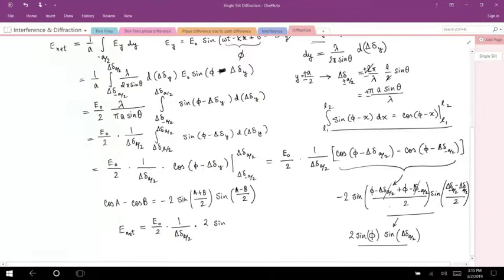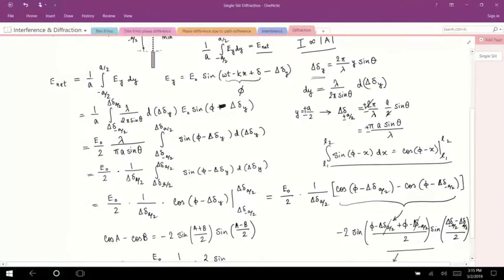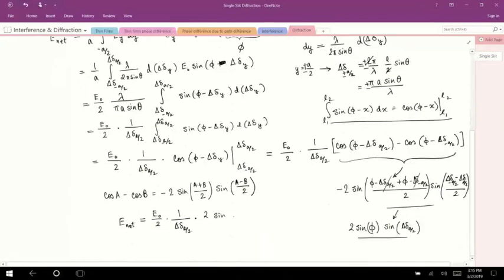Phi was this quantity over here, omega t minus kx plus delta. So let's plug that back in here, omega t minus kx plus delta, times sine of this quantity delta delta of a over 2. And this is it, right? So these 2's will cancel.